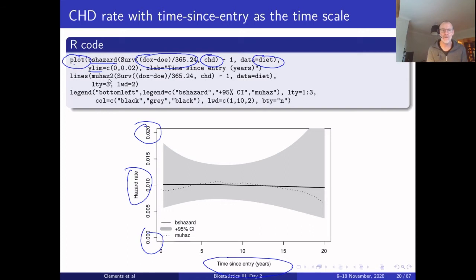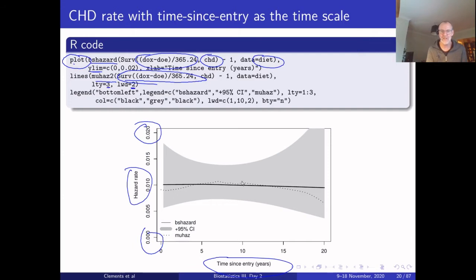Then we also use the muhaz function for the same survival data, changing the line type to dots and making it slightly wider.